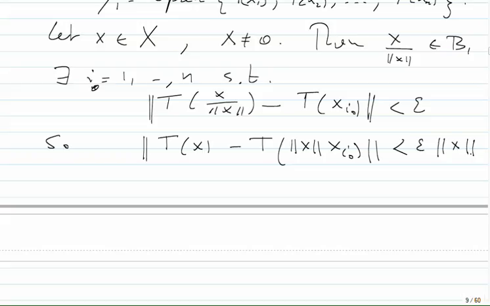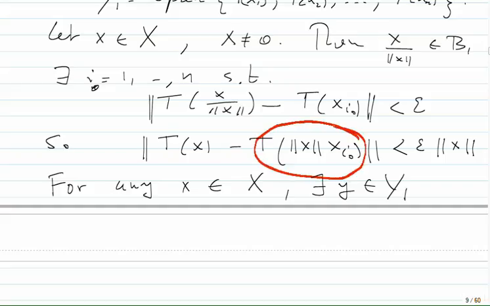And so what does that mean? This means that for any x in X, there exists a y in Y1, this is your y, such that the norm of Tx minus y is less than or equal to epsilon norm of x.